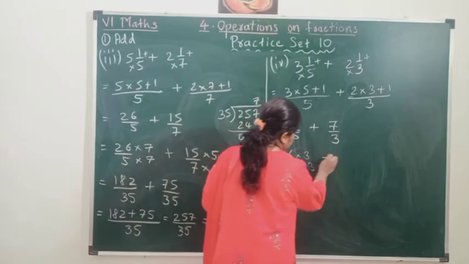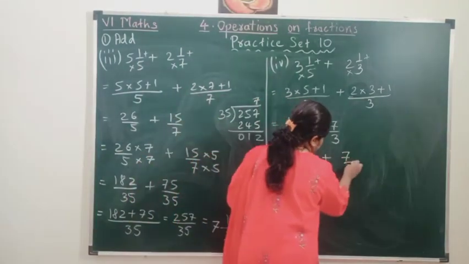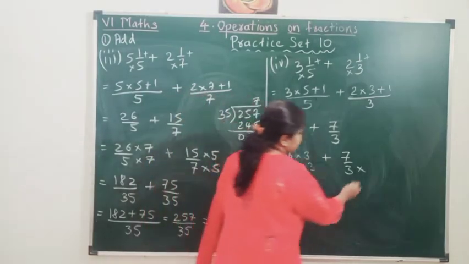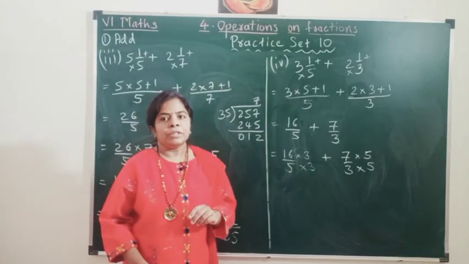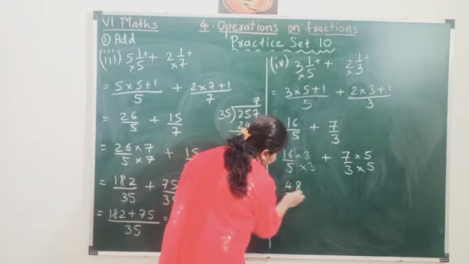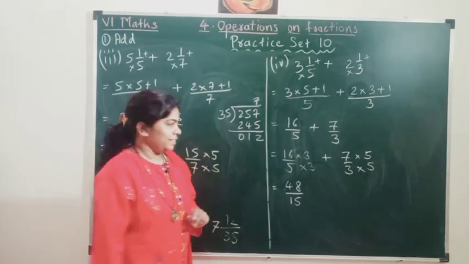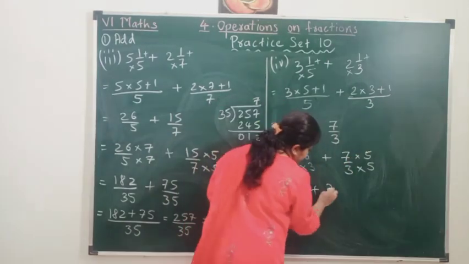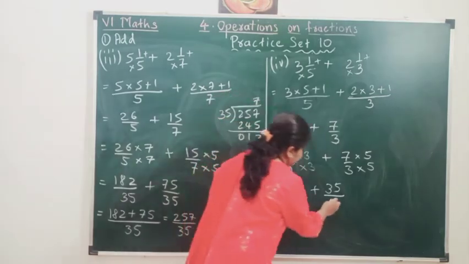First 5 with 3 and 3 with 5. 16 into 3 is 48. Upon 15, 5 3s are 15. 7 5s are 35. 3 5s are 15.